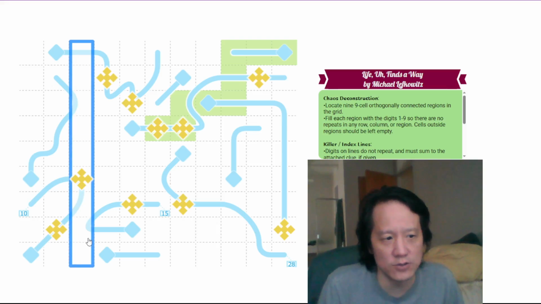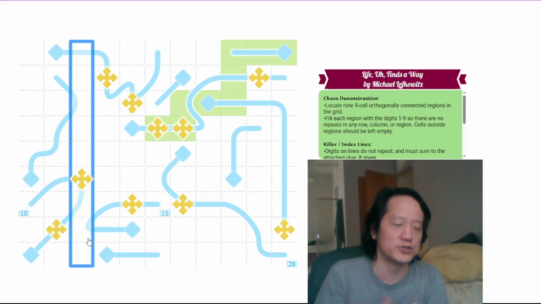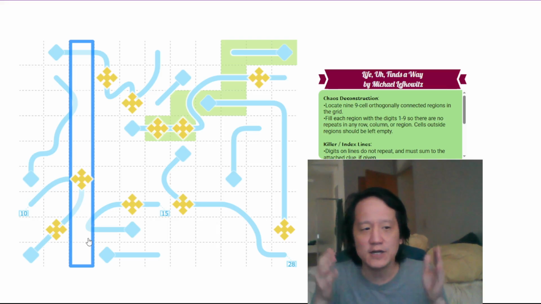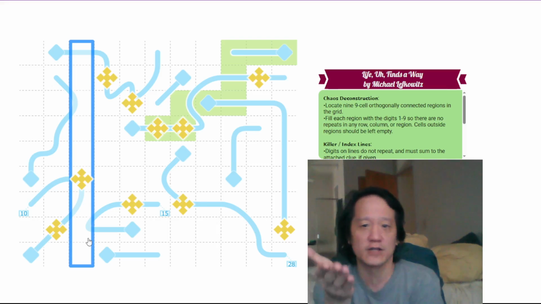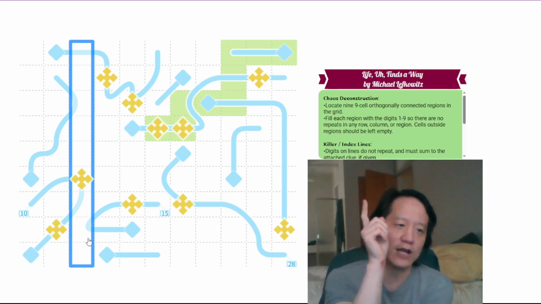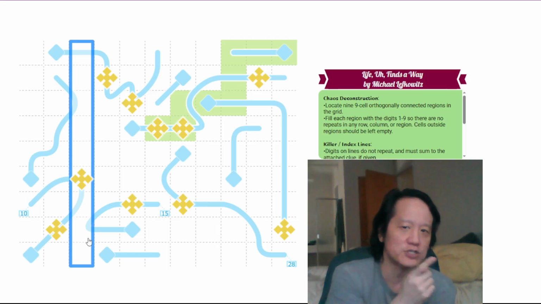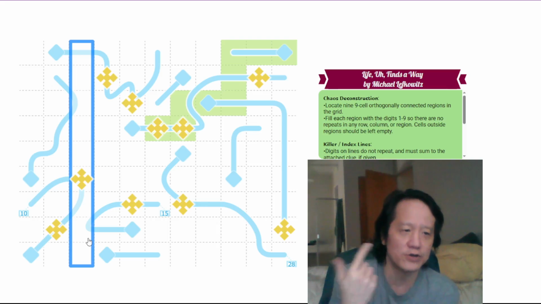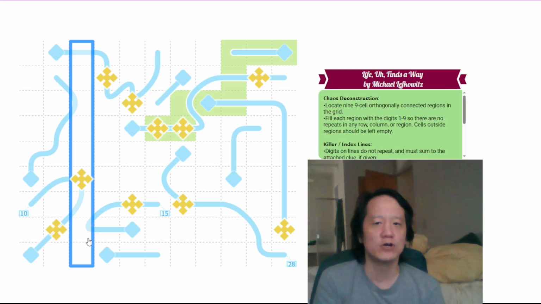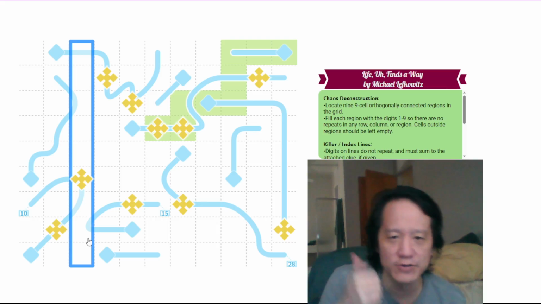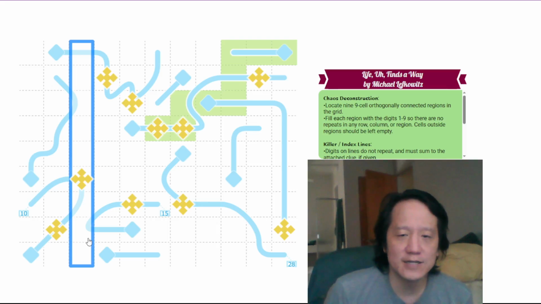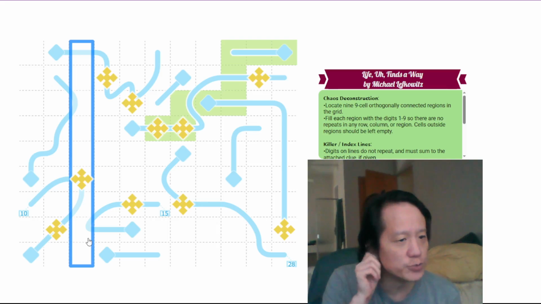This is how I usually describe normal Sudoku, because you can expand it to essentially stuff like this, right? But it's not filling every cell in the grid. It's filling every region with the digits 1 through 9 so that there are no repeats in any row, column, or region. Nice, I like how we used that. And cells outside regions, again, should be left empty.